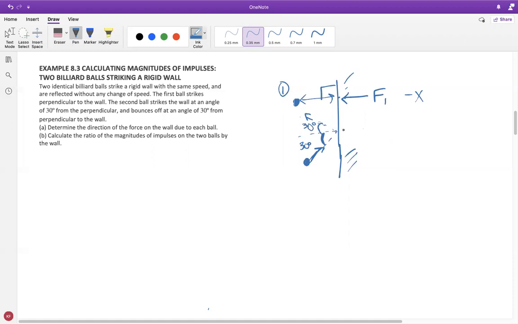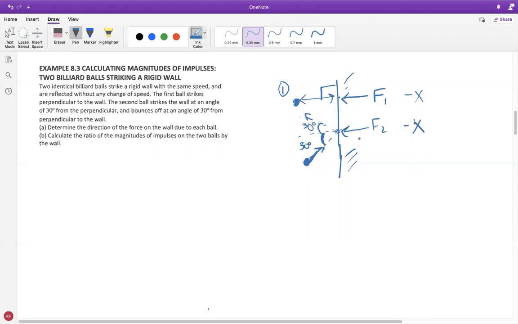Now, for the second one, it seems a little tricky, but it's not as it seems. So if we have our billiard ball going towards the wall at some angle here, okay, and it hits, our force is still going to be in our negative X direction, okay?